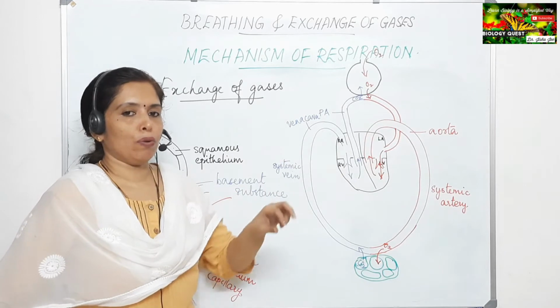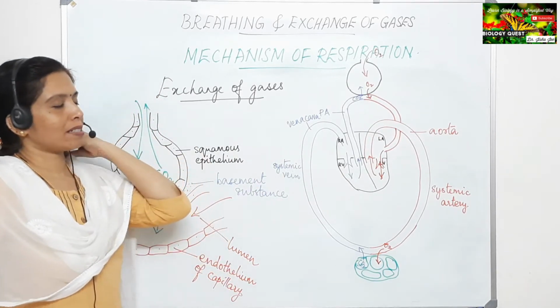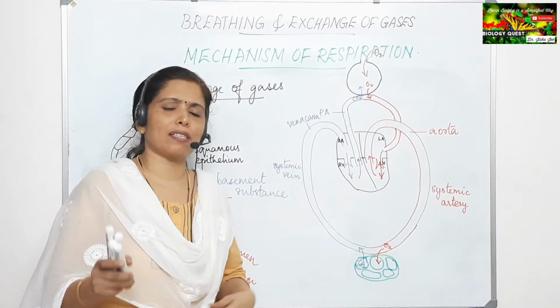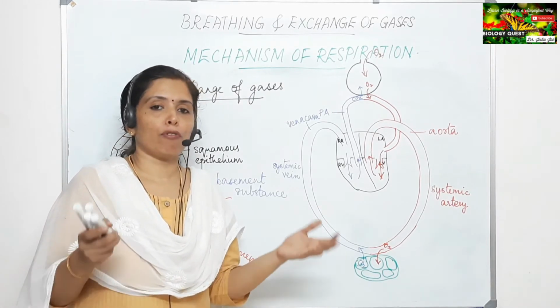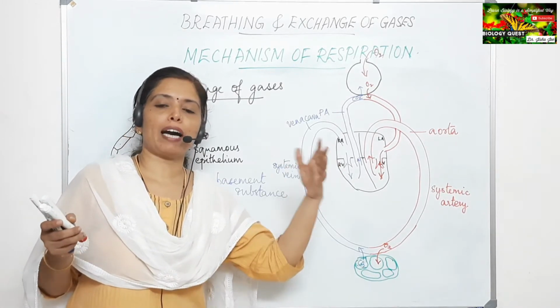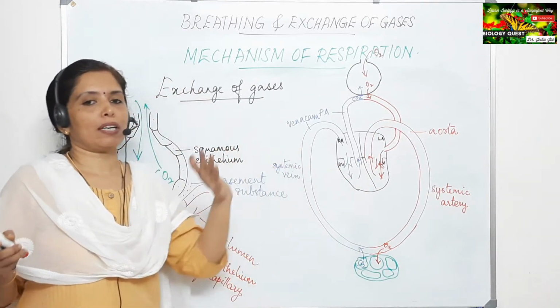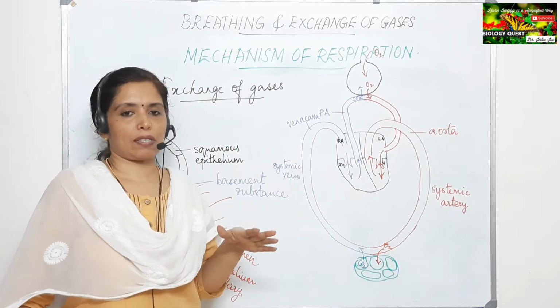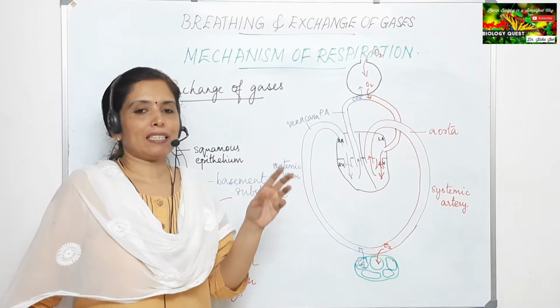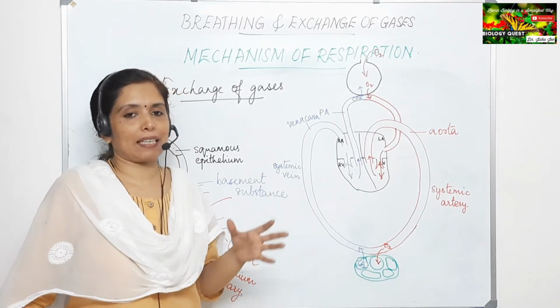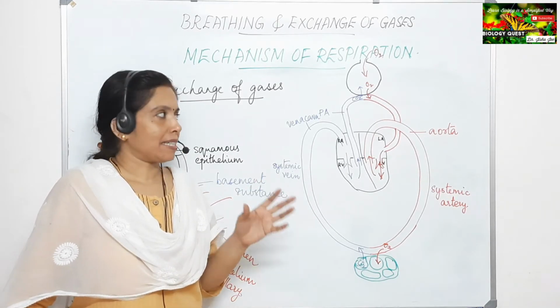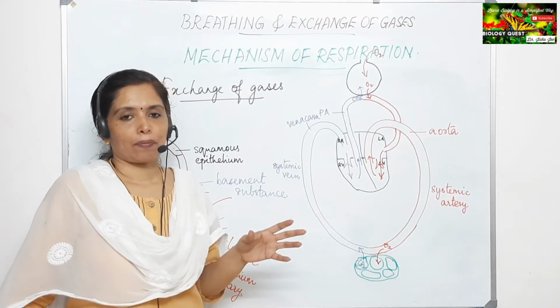As we know, this exchange of gases is based on the simple process of diffusion. What is diffusion? Movement of molecules from a region of higher concentration to a region of lower concentration. So diffusion depends upon the concentration gradient or the pressure gradient of the gases present.